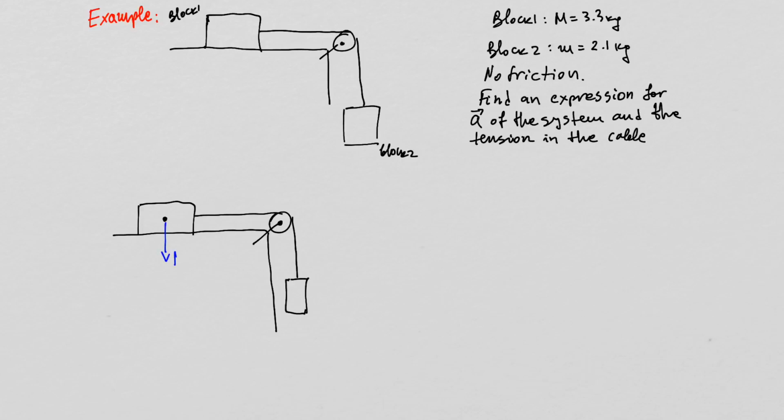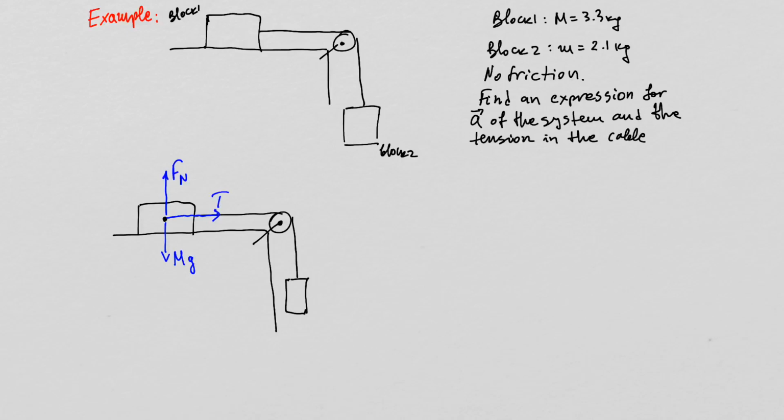That will be equal to m times g. We have the normal force due to the surface, Fn straight up. We also have the tension in the cable. And those are all forces that act on this block.